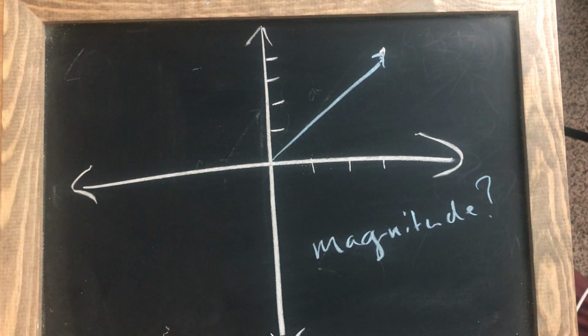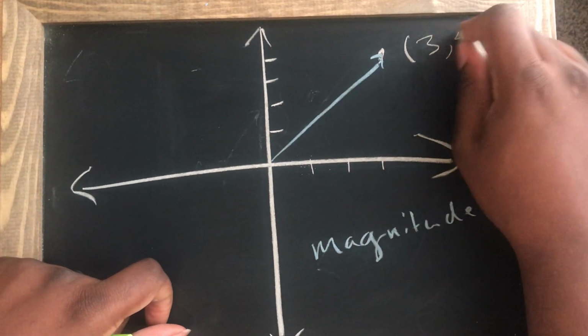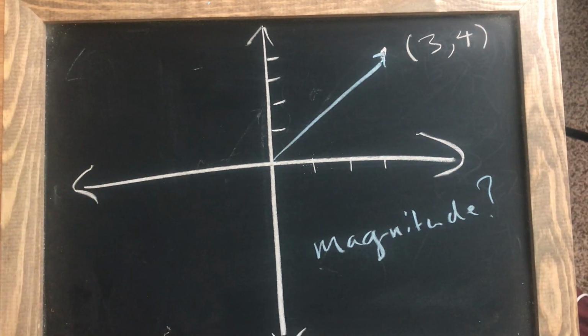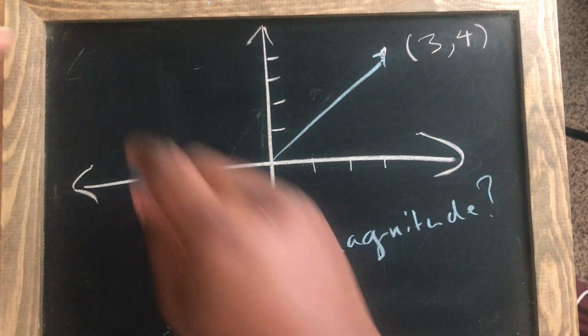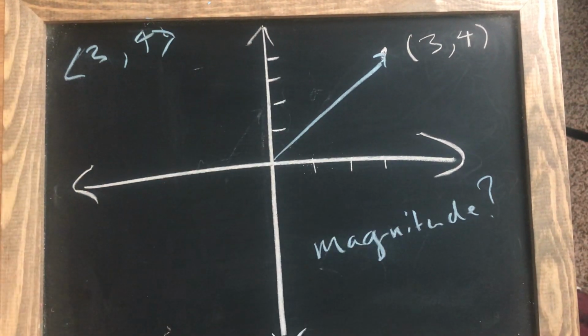All right, did you get it? I hope you paused the video. Here's what we're going to do to figure out the magnitude. Once again, let's just remember our point was (3, 4). Our vector, of course, in component form is ⟨3, 4⟩. Let's think about it.